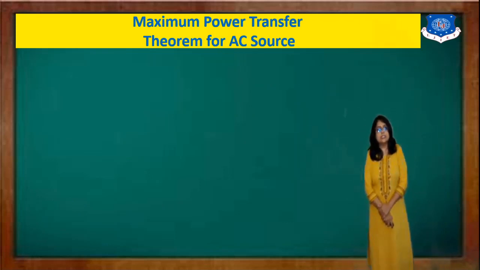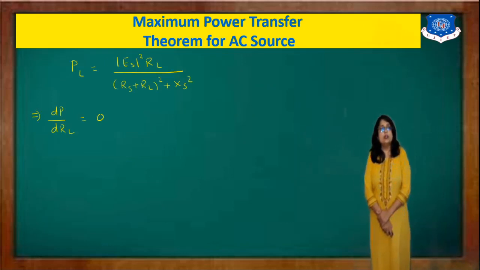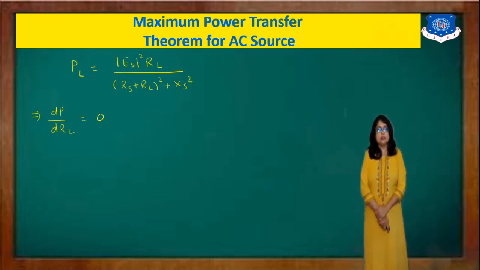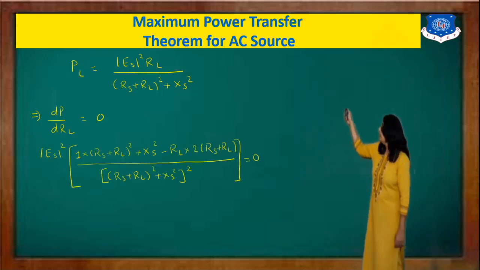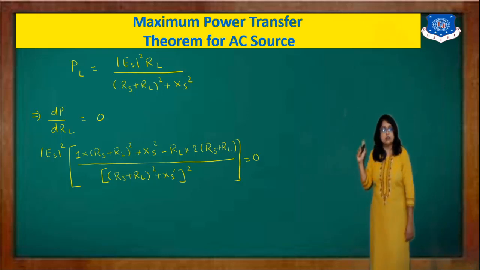Now to get the maximum power, what do we have to do? dP by dRL equals 0. Now differentiate this. ES square is constant. Differentiation of RL is 1.